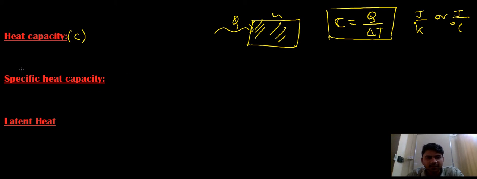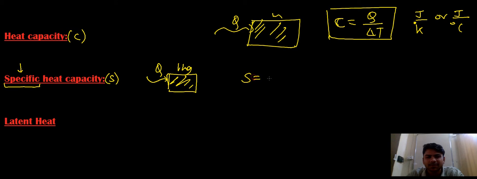Then the term specific comes in front of it. That means we are talking about a per unit mass system. So this time we'll take 1 kg of mass and do the same thing: give heat to it and see how much heat is needed to increase the temperature by 1 degree. Here I'll take the notation S for that.